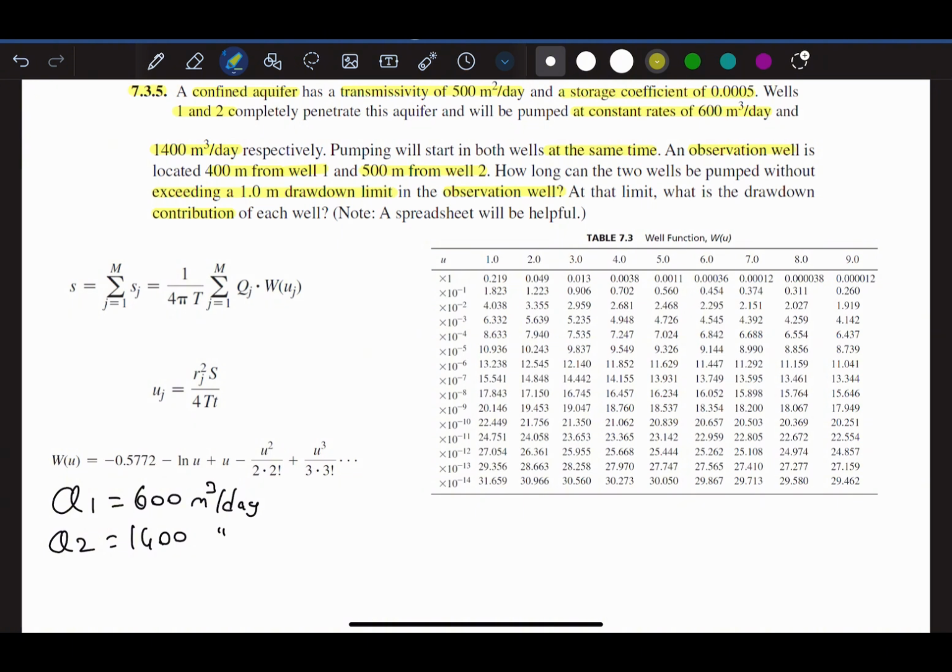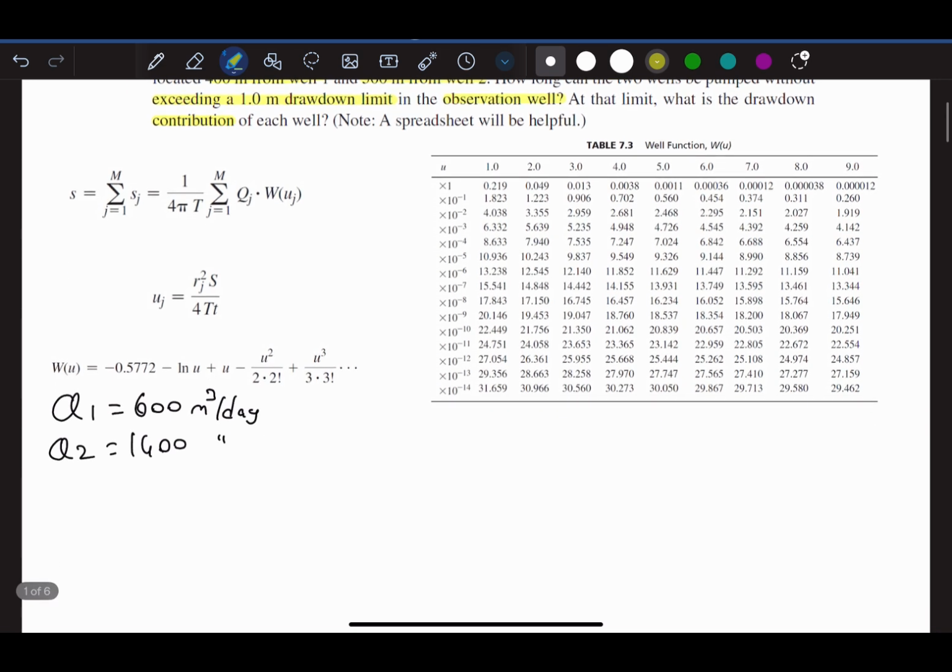Once these pumps started pumping, and since they started at the same time, after some time we will see that the drawdown is at 1 meter. So we just need to find that duration. For this, we have some basic equations, and some functions such as the well function. So let's get started with the solution.